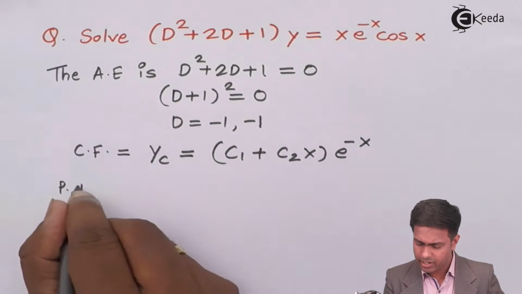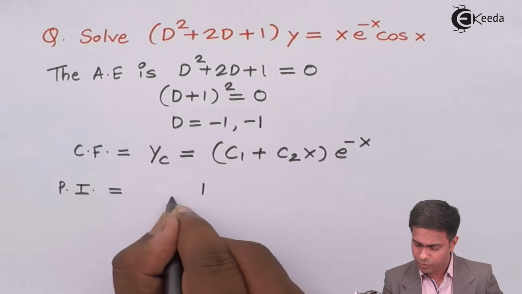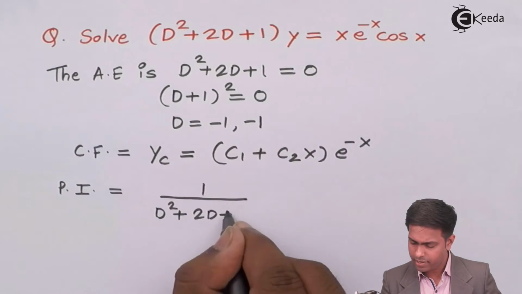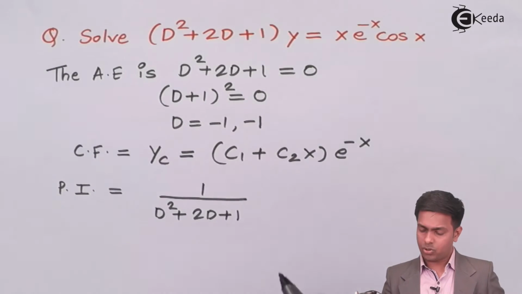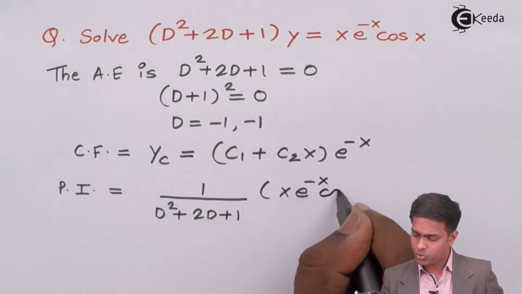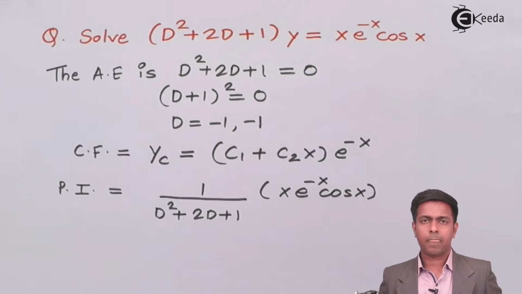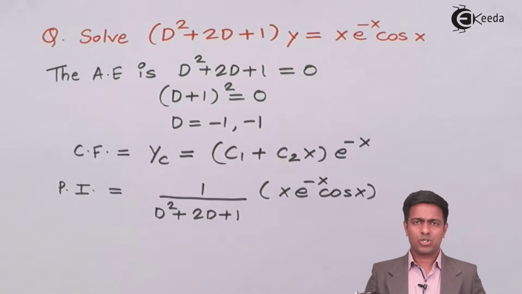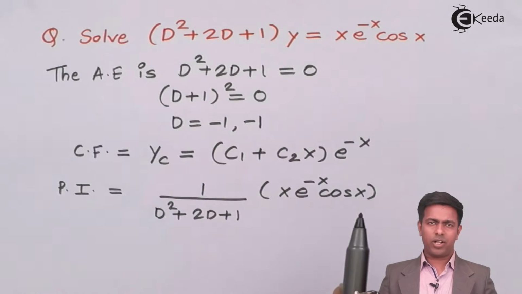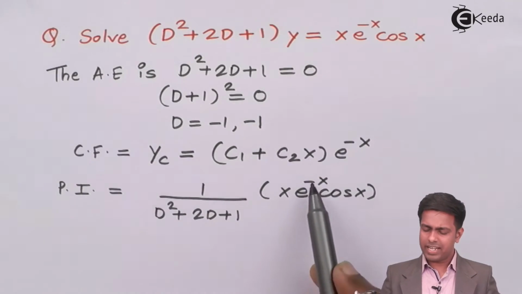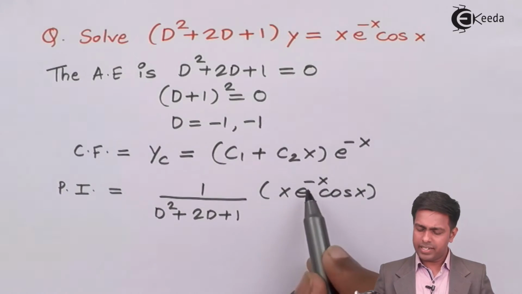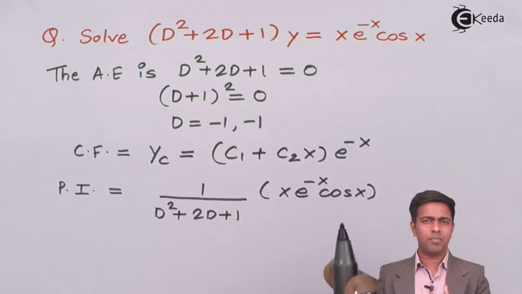So the particular integral in this case is given by 1 upon f of d, which is d square plus 2d plus 1, into the right hand side. So the right hand side is x e to the power minus x into cos of x. Now guys, to solve this problem, instead of considering it as x into v, I'm going to consider it as e to the power ax into v, because by doing that we can eliminate this e to the power minus x term first.